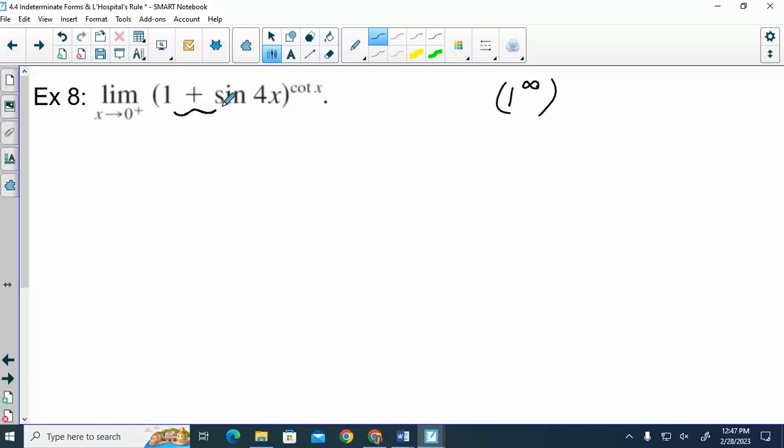Okay, so I'm taking this inside part. If I put a natural log in front, then with properties of logs, what happens to this cotangent? It can turn into a coefficient.